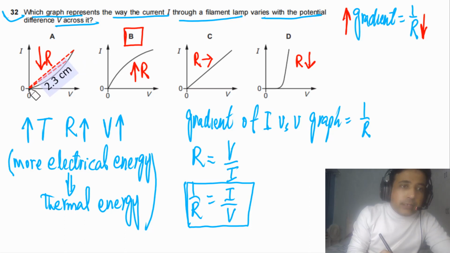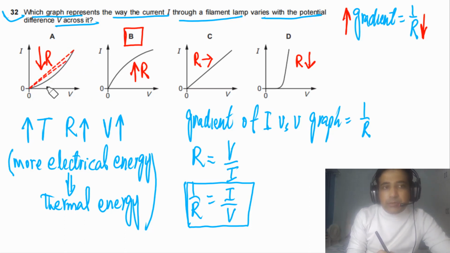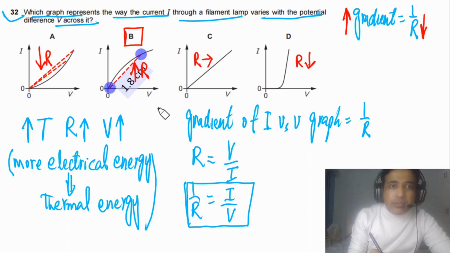If I connect here, you can see the gradient is increasing, so resistance is decreasing in this case. You can also do it for this one. If I draw the secant line from this point and then from this point, you can see the gradient of the secant line is decreasing, so resistance is increasing. So the answer for this question is B.